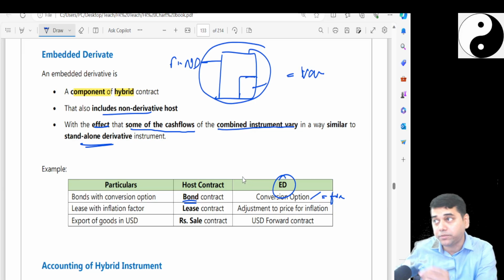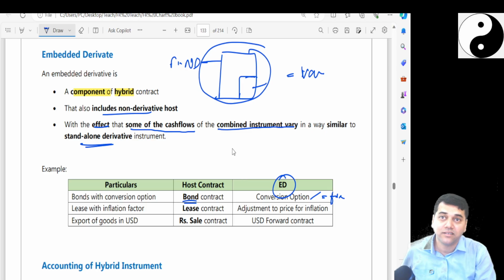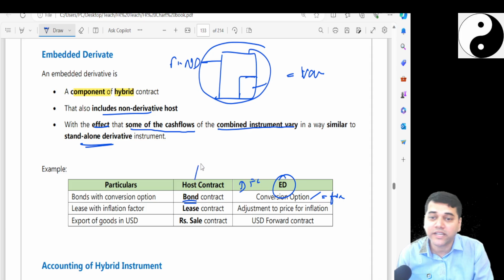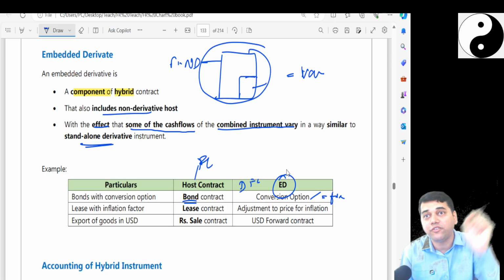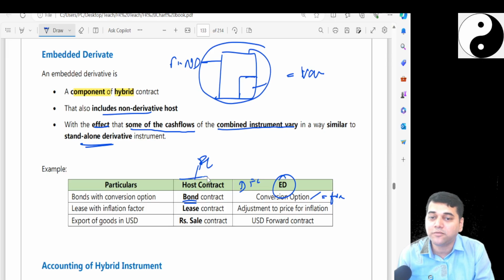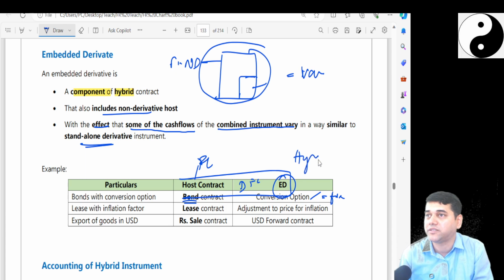What if that option fails the fixed-for-fixed test? Then you can't call it equity. It's a derivative financial liability. You can't call it plain financial liability anymore. The host contract is a financial liability, but the embedded contract is a derivative financial liability. Then this becomes a hybrid instrument.